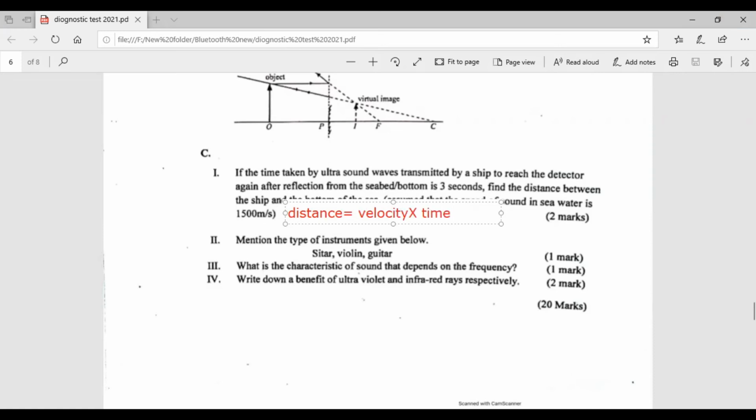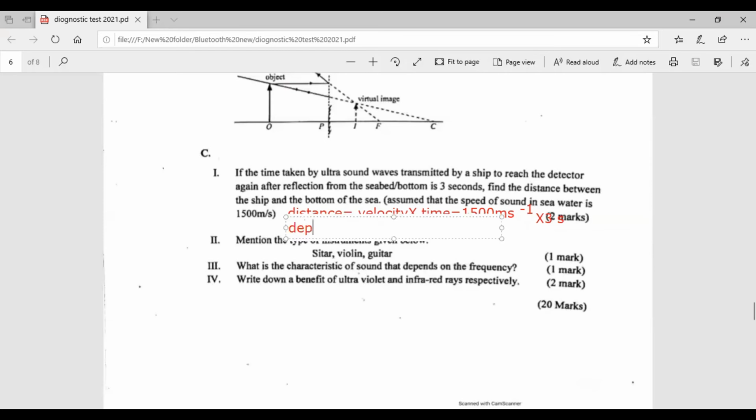This gives the total distance of the pathway of the wave. The velocity is 1500 m s^-1, multiplied by the time, which is 3 seconds. Then you have to divide this to get the depth of the ocean.